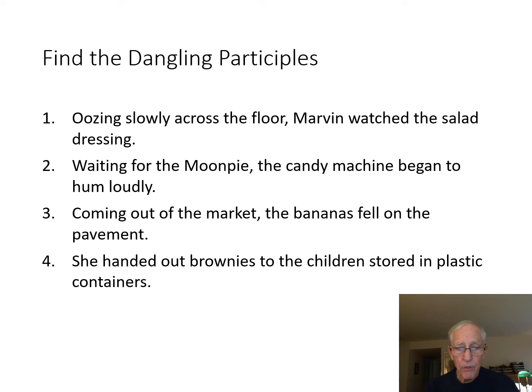Candy machine has no thoughts on it at all. Doesn't think. Okay, so we might want to say, the candy machine began to hum loudly while we were waiting for the moon pie. Make sure that the participial phrase modifies the correct noun.